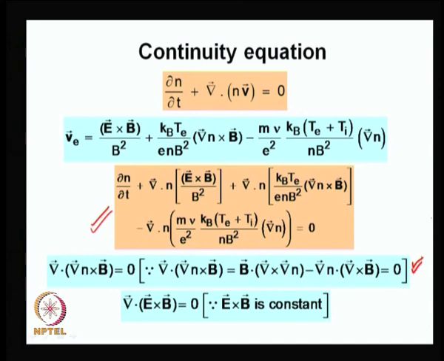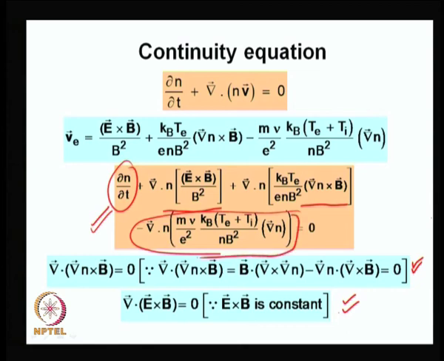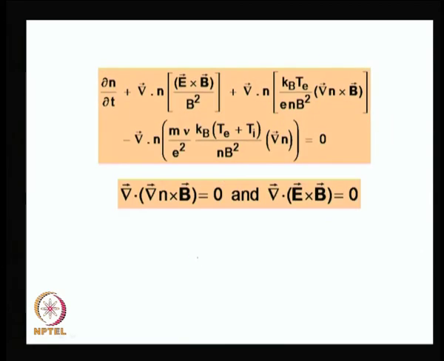So, this term is 0 and this term is 0, and we are left with two terms here on the right hand side. I have repeated this expression. In this huge expression, two terms are 0, this term and this term.